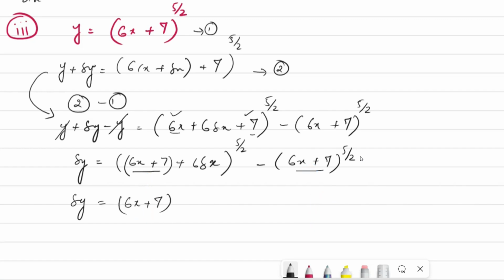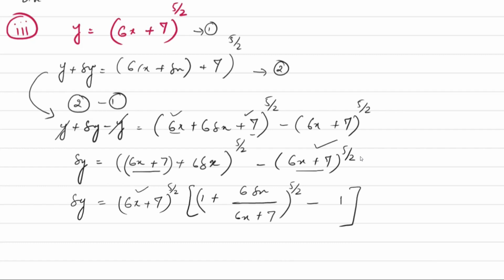(6x plus 7) whole raised to the power 5 upon 2 is taken common. So it would be 1 plus, here there is no 6x plus 7, so it would be 6 delta x divided by 6x plus 7, whole raised to the power 5 upon 2, minus, we have taken this common, so it would be minus 1 here. Fine.